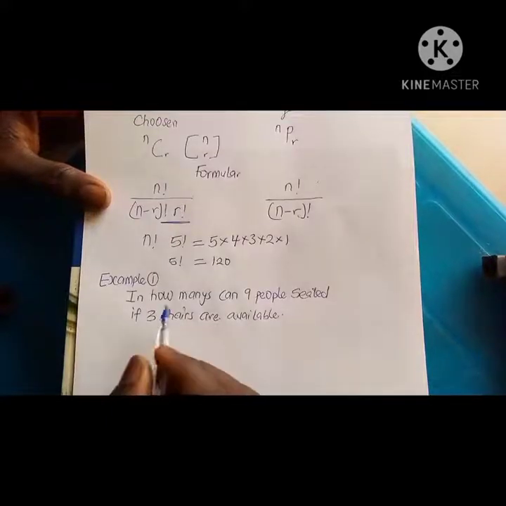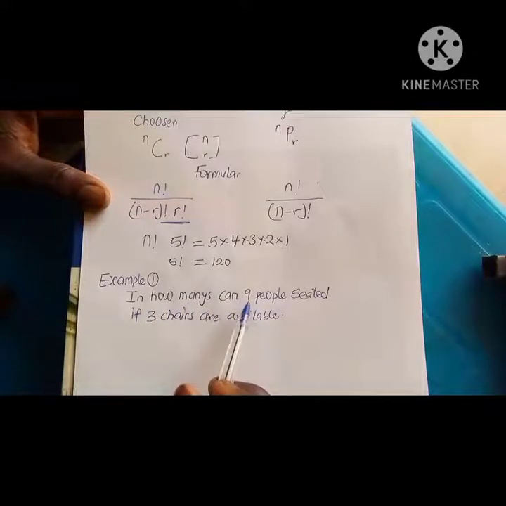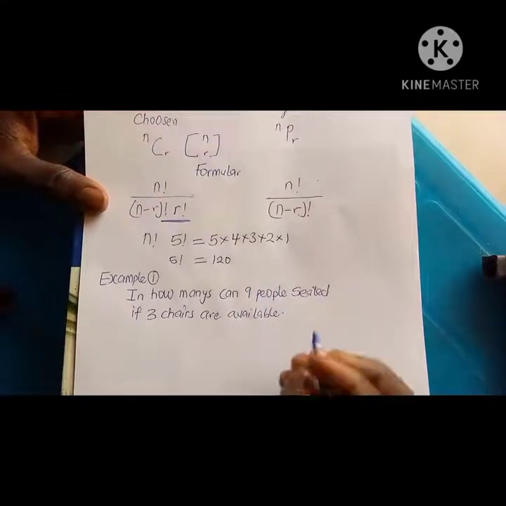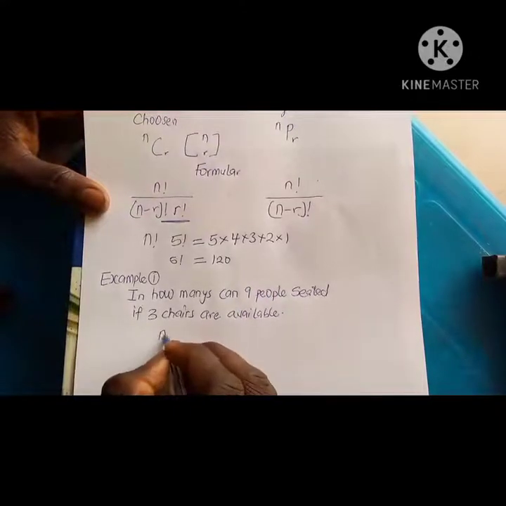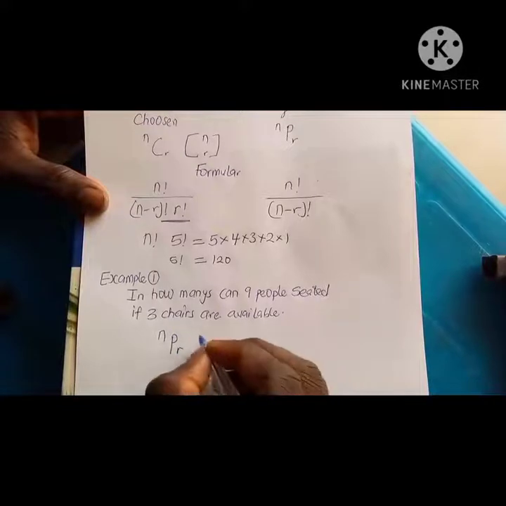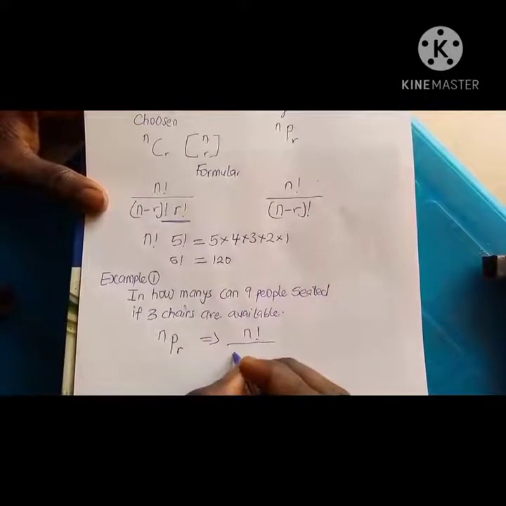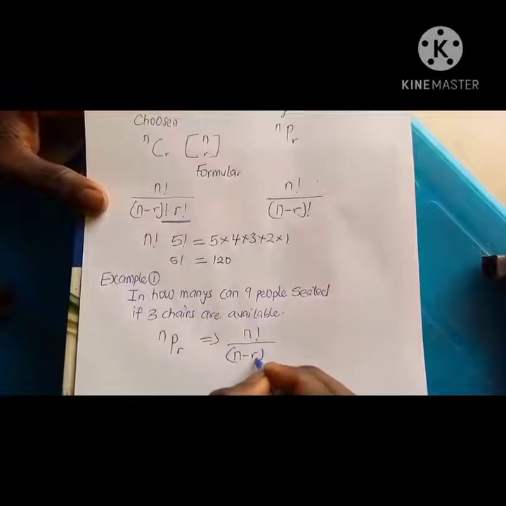So you can see this as an example. In how many ways can 9 people be seated if 3 chairs are available? Now, this is an arrangement, because sitting is an arrangement question, so it's nPr. From our formula, this will be n factorial all over (n minus r) factorial.